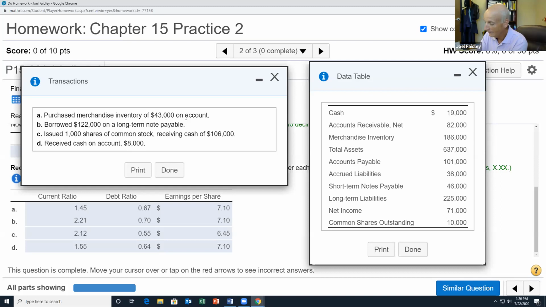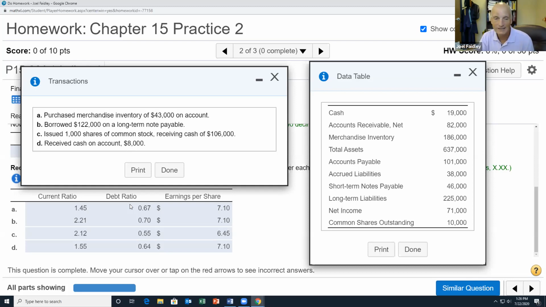And my 185,000 plus 43,000 is now 228. So 330 divided by 228 is 1.45, right? 330,000 divided by 228,000. All we did was add 43,000 to the current ratio on the top and on the bottom. What about my debt ratio? Debt ratio, which is my liabilities to assets.